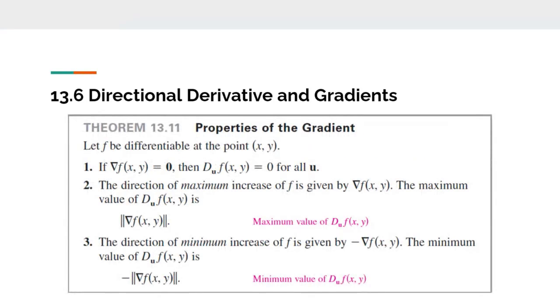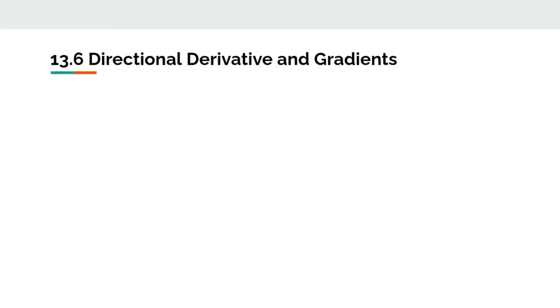And then the direction of maximum increase of f is given by the gradient of f, and the maximum increase is the magnitude of that. And there's also a minimum. You just take the negative.